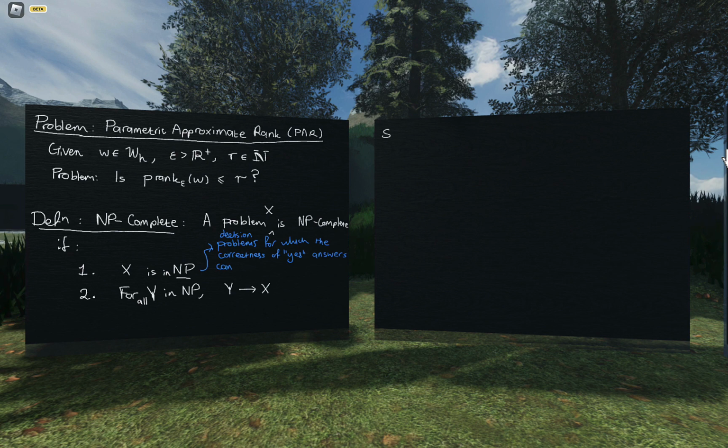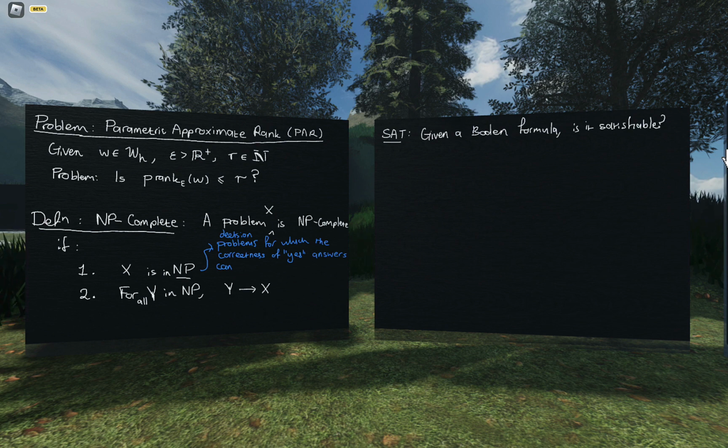Hopefully everyone's familiar with the satisfiability problem. I can't remember if I mentioned it in a previous session, but this is: given a Boolean formula, is it satisfiable? In other words, is there a satisfying assignment of truth values to the variables that makes the whole formula evaluate to true?